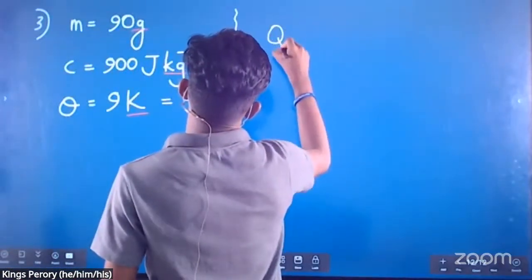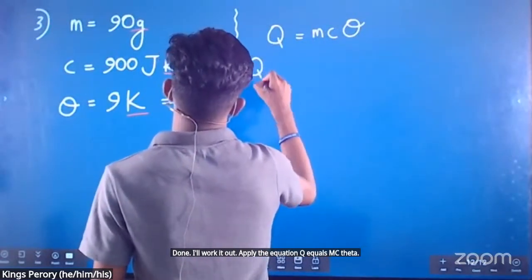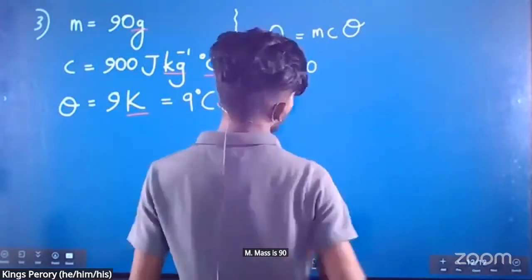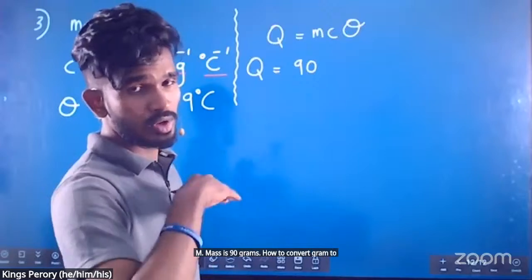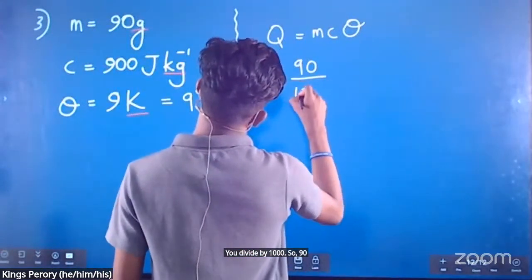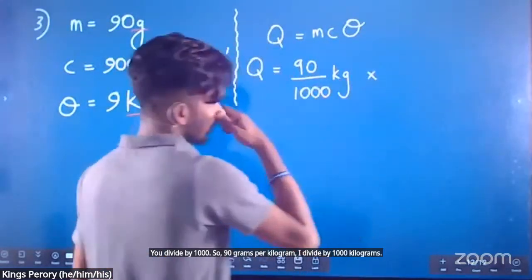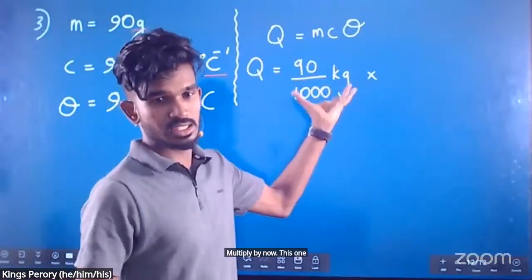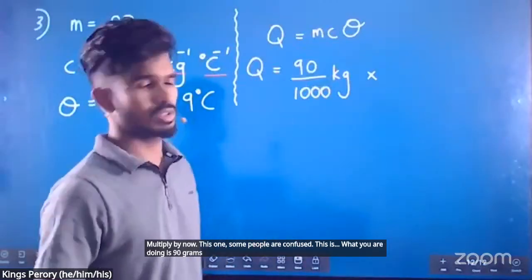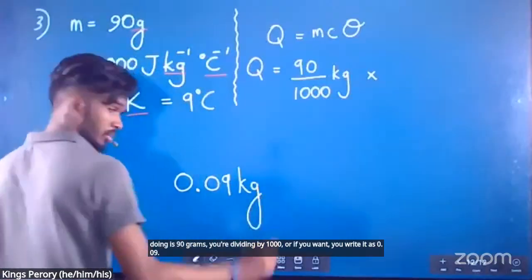Apply the equation Q equals m c theta. Mass is 90 grams. How to convert gram to kilogram? You divide by 1000. So 90 grams to kilogram, I divide by 1000 kilograms. Some people are confused here. You are dividing 90 grams by 1000, or if you want, you write it as 0.09 kilogram. No problem.